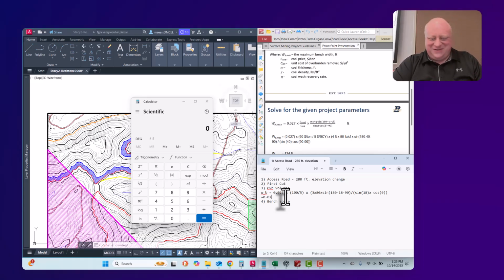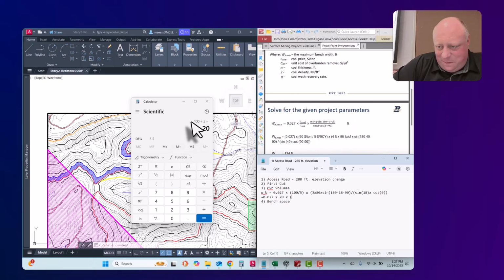So 0.027 multiplied by 100 divided by 5. 20. Multiply that by, make sure I got my math right here, 180 minus 90 minus 18.